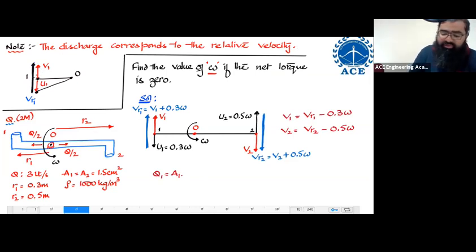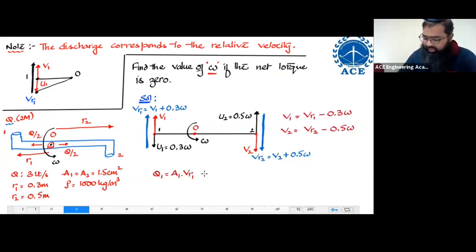The reason is jet length is not corresponding to V1 or V2. Jet length is corresponding to VR1. Okay. So over here I'll write VR. Now tell me, if net discharge entering into the assembly is equal to 3 liters per second and the discharge going over here is equal to 3 by 2, that is 1.5 liters per second.